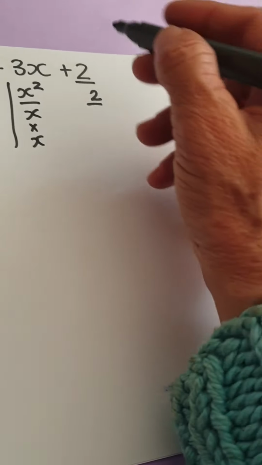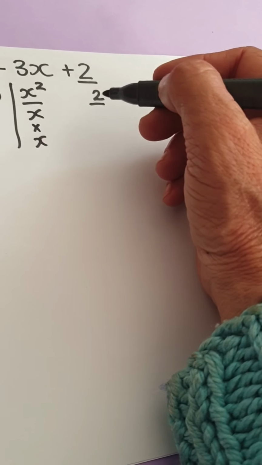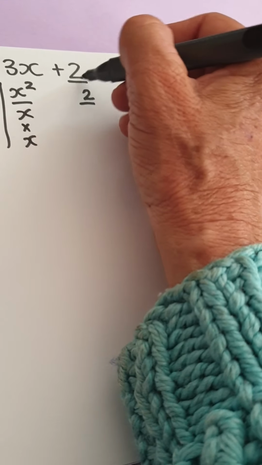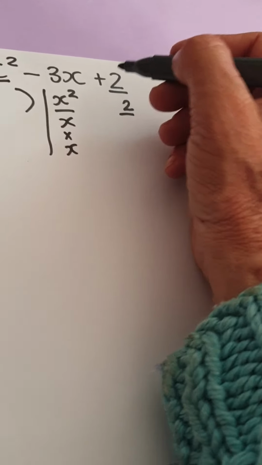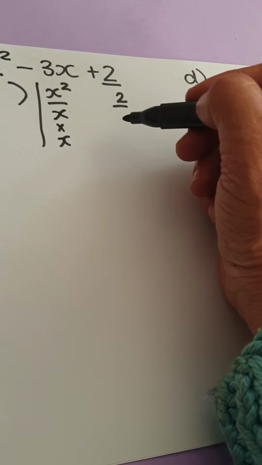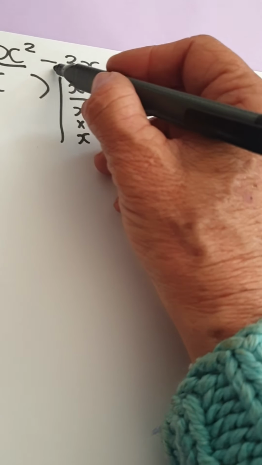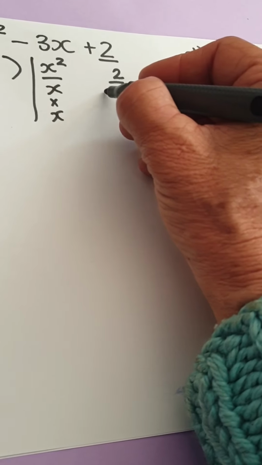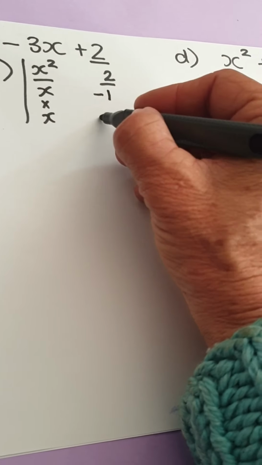So it means that both factors must be negative, because negative 2 times negative 1 will give me plus 2 when I multiply, but negative 2 plus negative 1 will give me negative 3 when I add, which means that both factors must be negative.